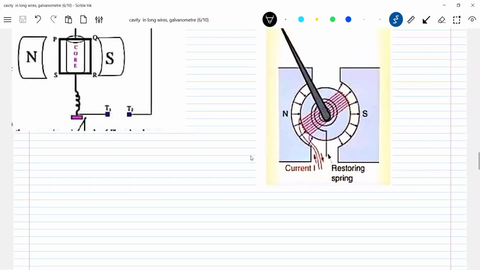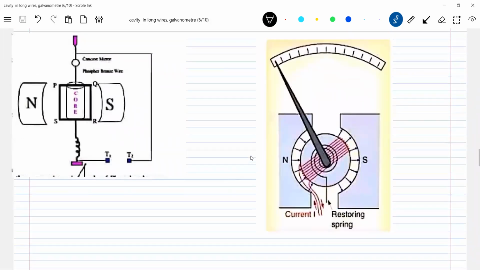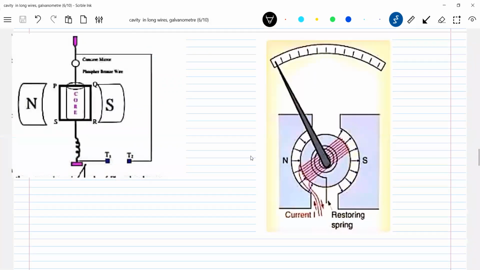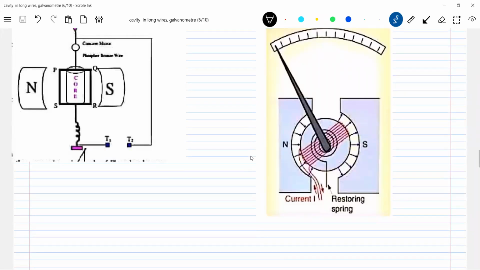Construction and working of galvanometer. So what is a galvanometer? It contains... So basically how the device will be.